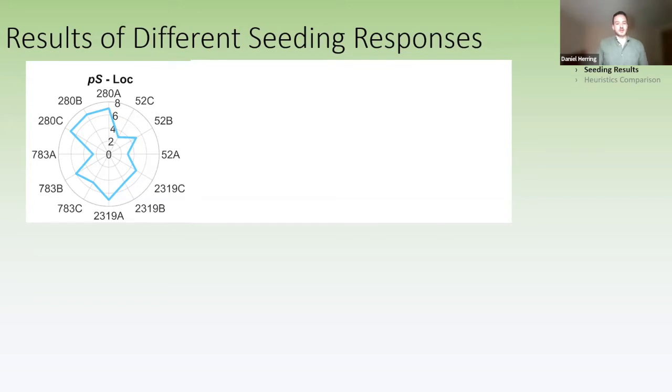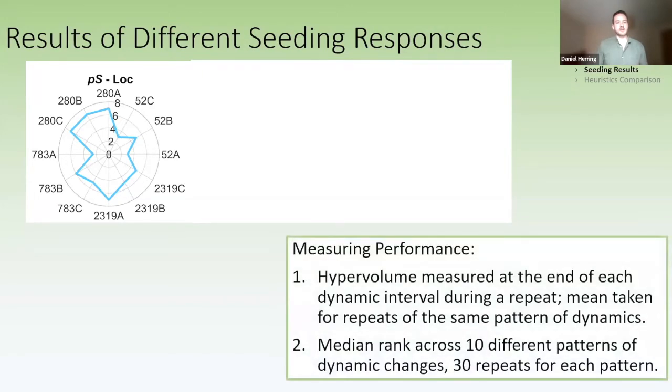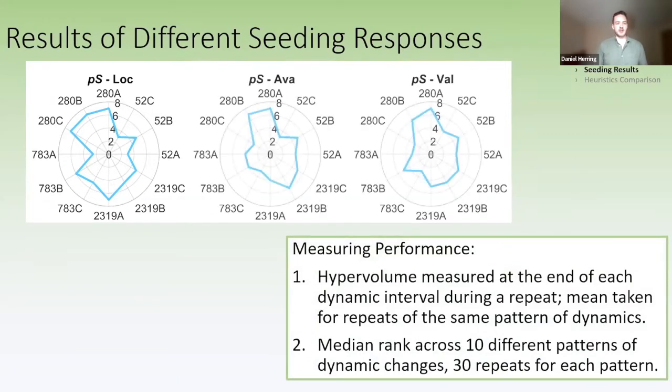The one shown at the moment is for the city location changes, but we can also visualize this for the availability and the item value instances. The plots are shown now. This color specifically corresponds to just using solver-based information to construct that seeding population.